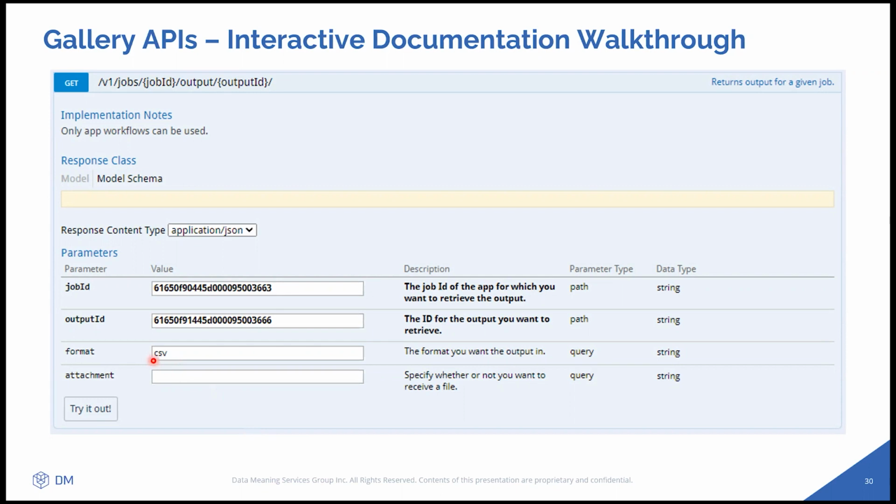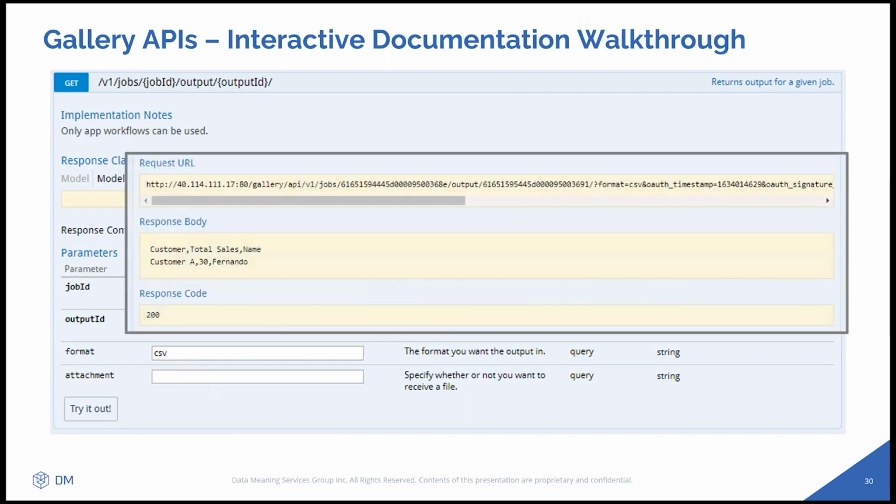So in this case here, CSV. You can click on the try it out button, and the answer of that API call will now be the content of that file. So you can see that it is a really simple table. This is the header and this is the row, right? So just one row, one header there.